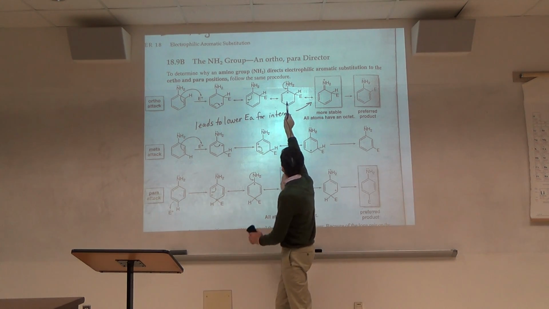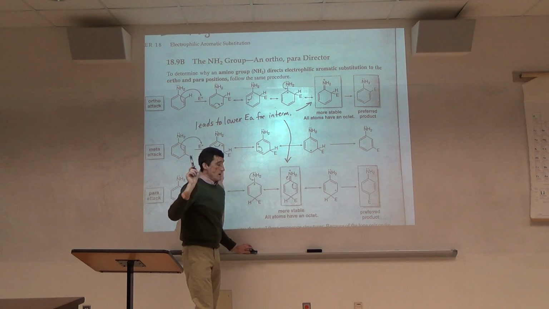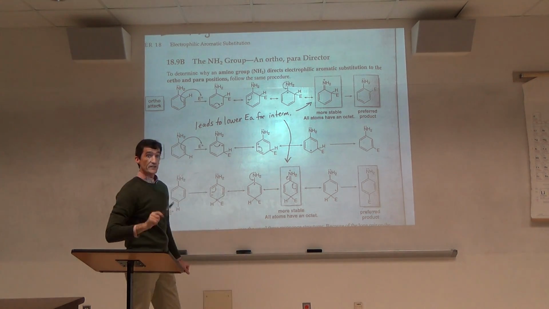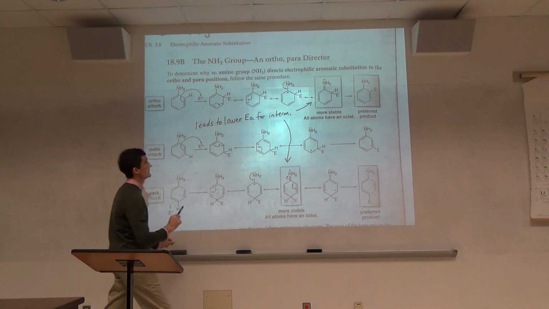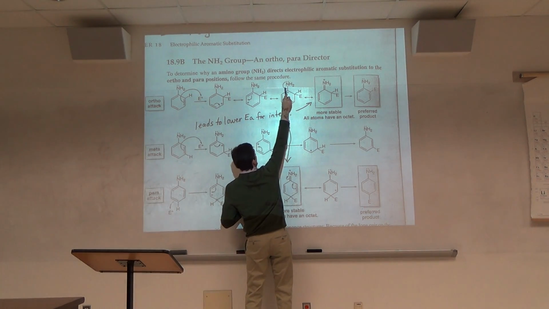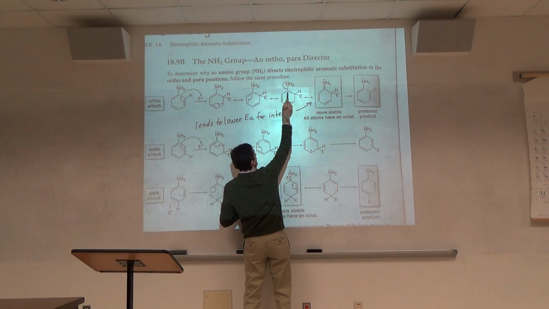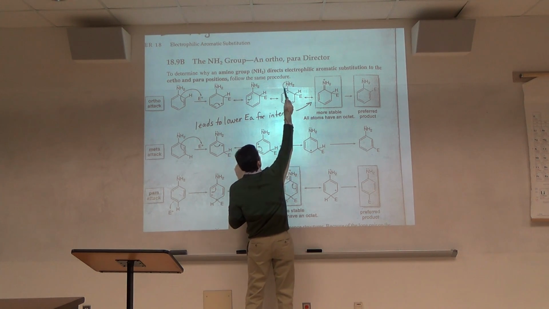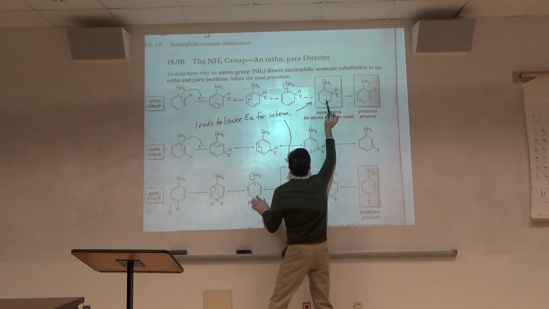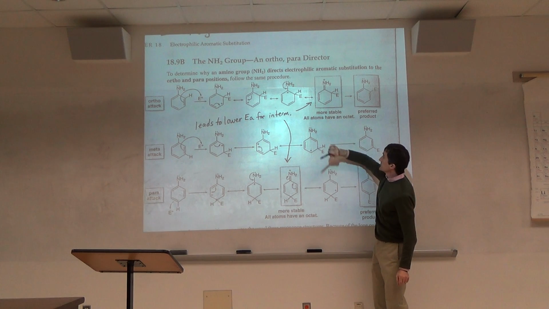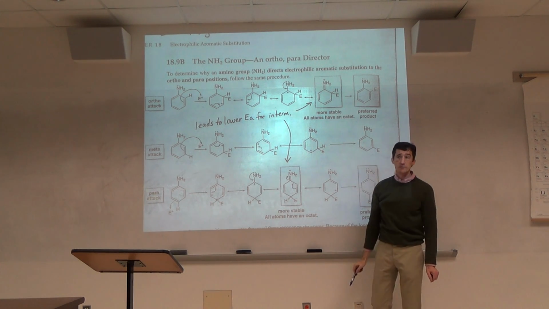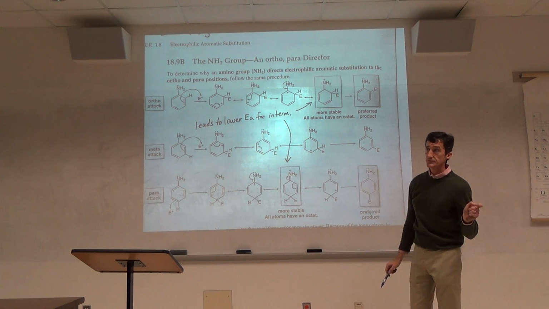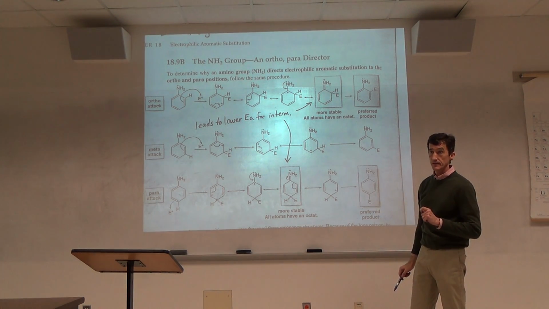Boom, boom, boom. But here, we actually have additional resonance structures, because something with a lone pair can donate by resonance. Here, instead of saying the amine donates by induction and stabilizes this like the tertiary, it donates by resonance, and we can draw an additional resonance structure. Note the nitrogen does take on a positive charge, but it's okay as long as the nitrogen or oxygen has an octet.